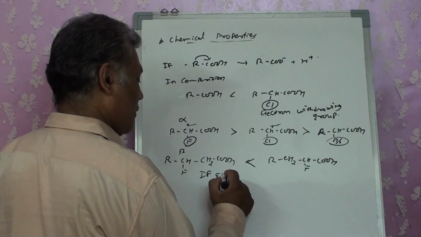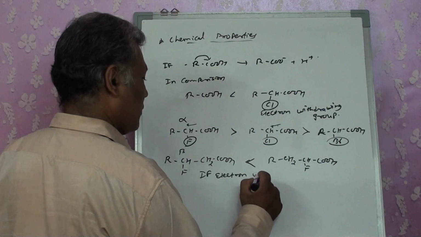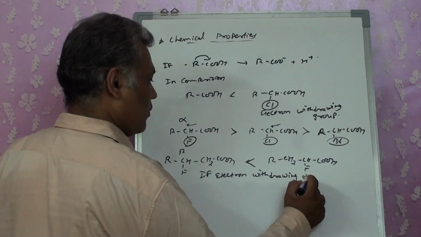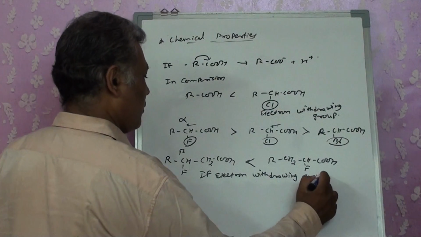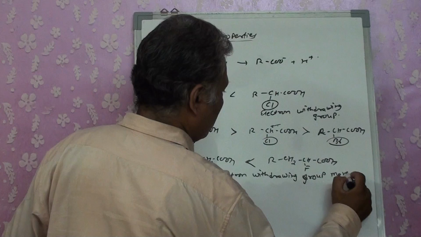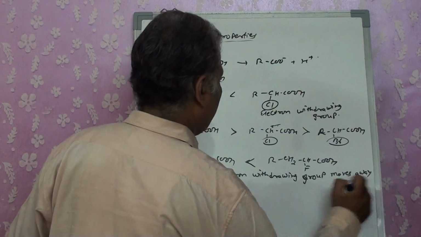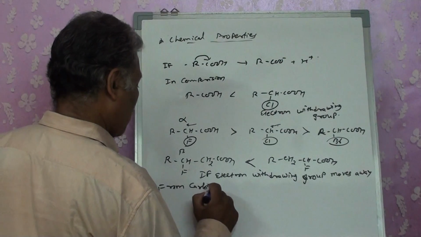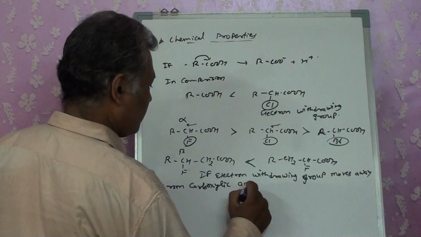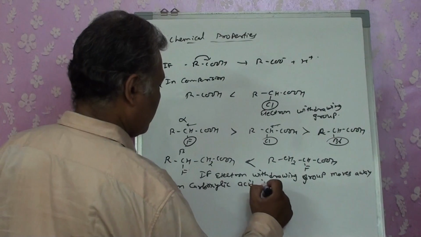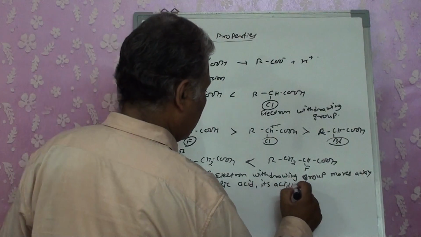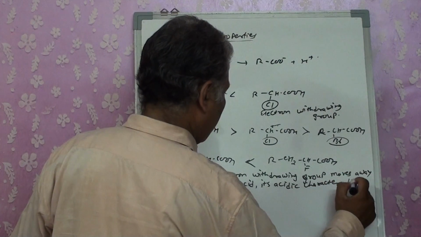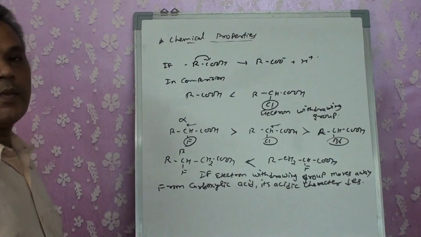If the electron withdrawing group moves away from carboxylic acid, its acidic character decreases, right?